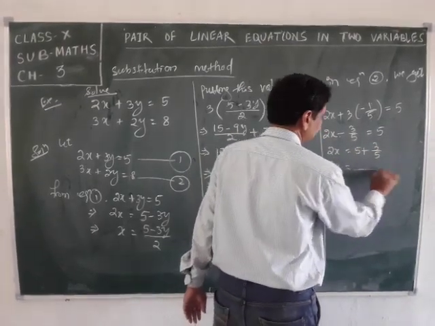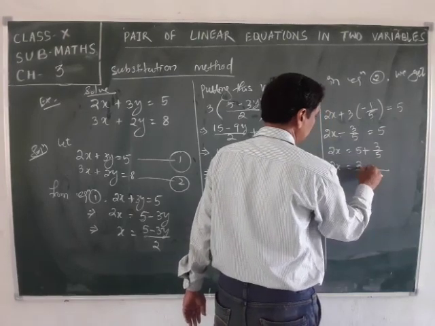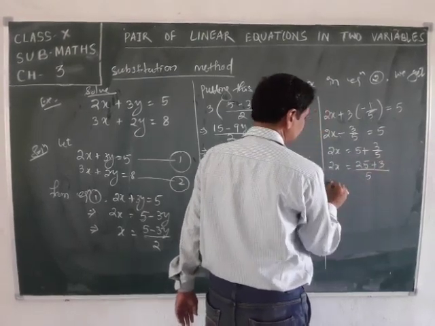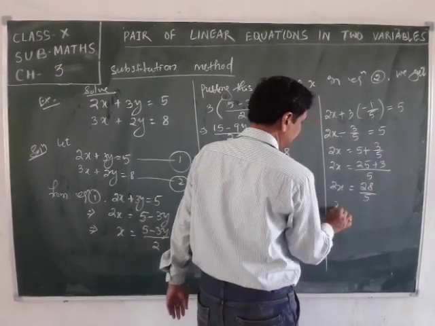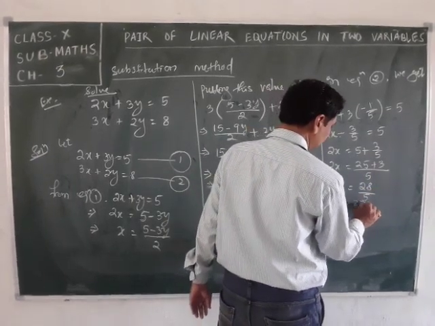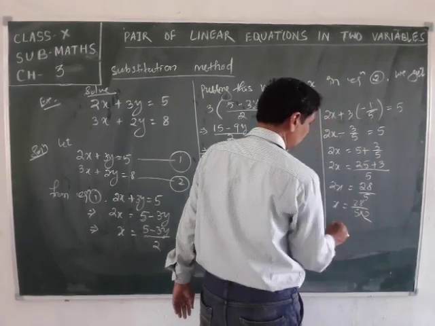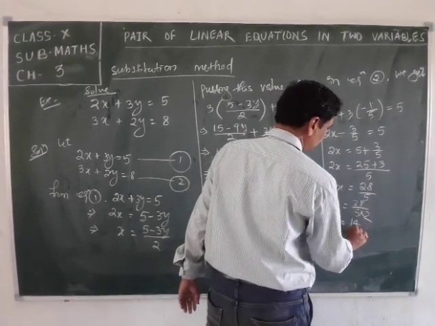Then 2x becomes, LCM is 5, it is 25 plus 3 by 5. 2x becomes 28 by 5 and x becomes 28 by 5 into 2. That is 14 by 5.